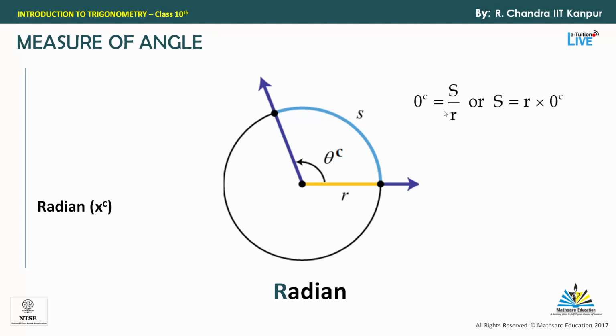Then we have the result theta c is equal to s upon r, this length upon this radius, or we can say arc length s is equal to r into theta c. Again, you may have known that the arc length is equal to theta upon 360 into 2 pi r, if we take theta in degrees, and for a complete circle theta becomes 360 degrees, and this becomes the circumference of the circle.